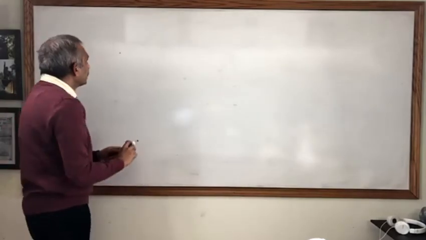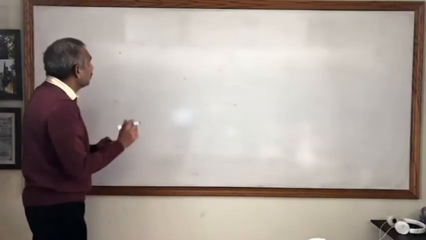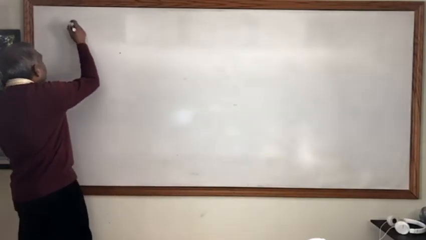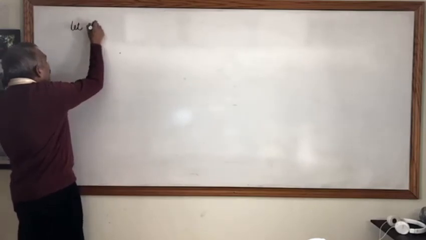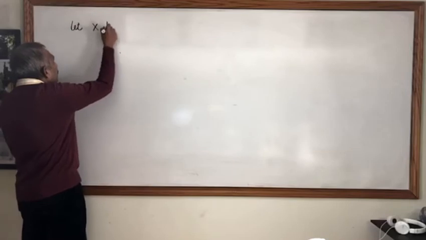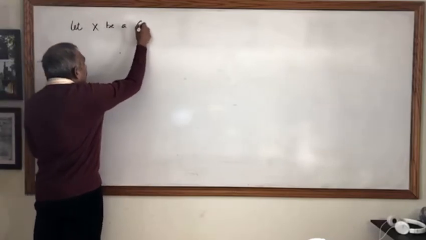So our next definition is an orbit. So let X be a G-set.